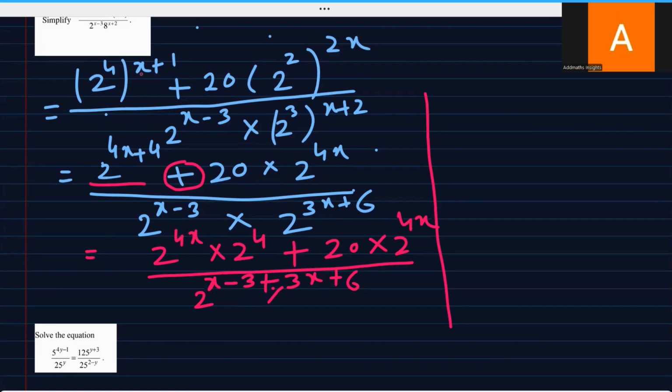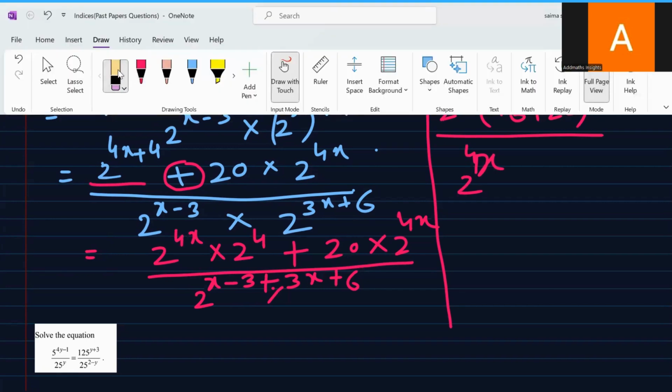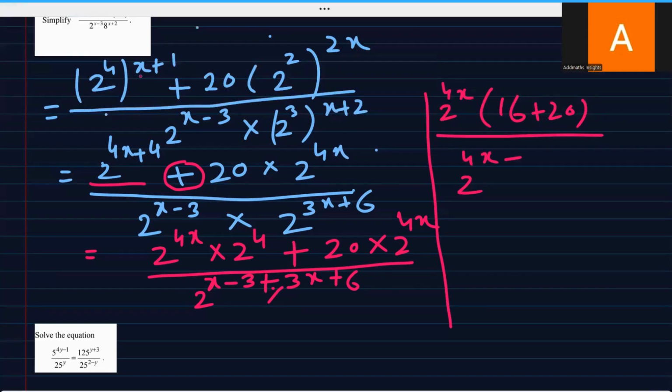From these two, you can take 2 raised to the power 4x as common, and it becomes 16 plus 20. In the numerator, you can add them and write 2 raised to the power 4x plus 3.